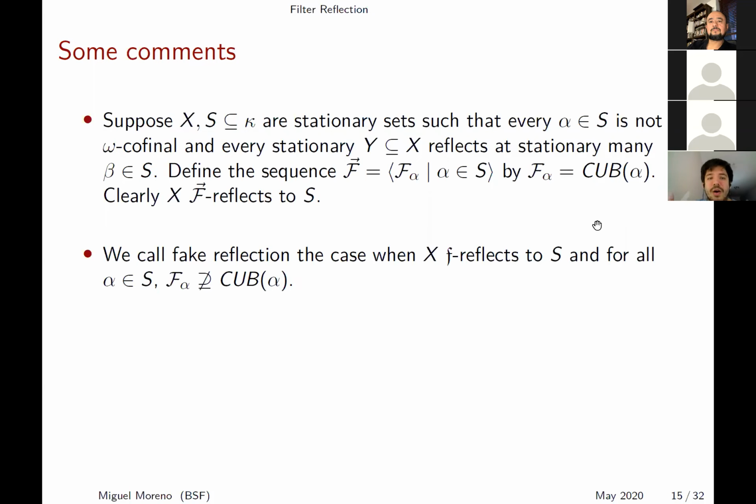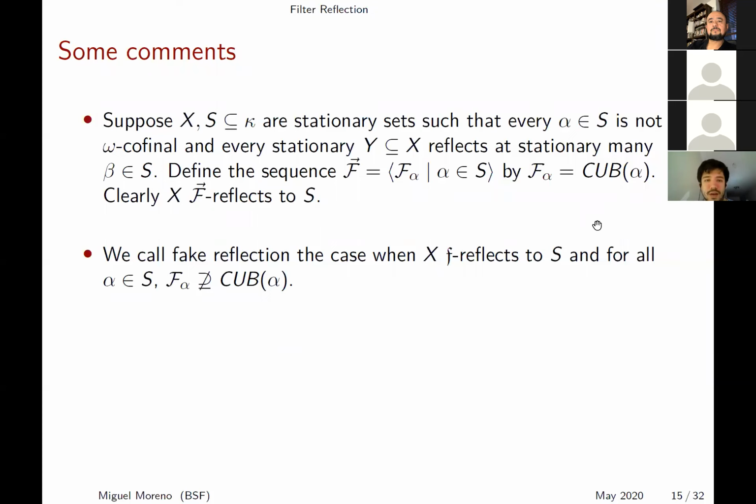Now we call fake reflection the case in which X filter reflects to S, and for all alpha in S, F alpha is not a superset of the club filter. So it has to be a subset or something, but you don't have the club filter. So X fake reflects to S if X filter reflects to S, but is not witnessed by the club filter.